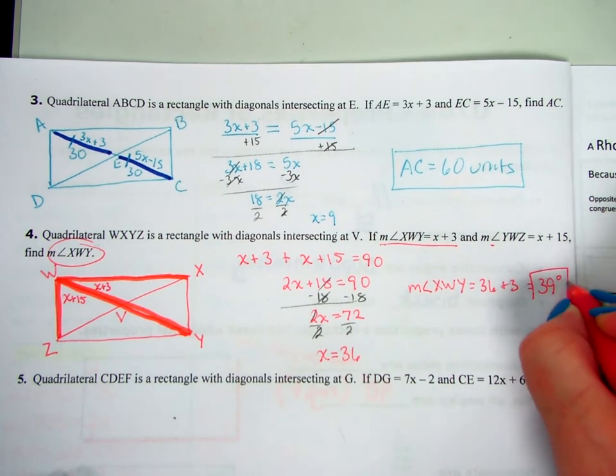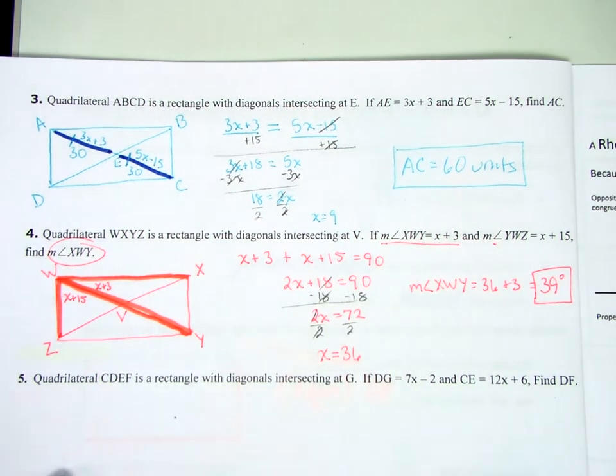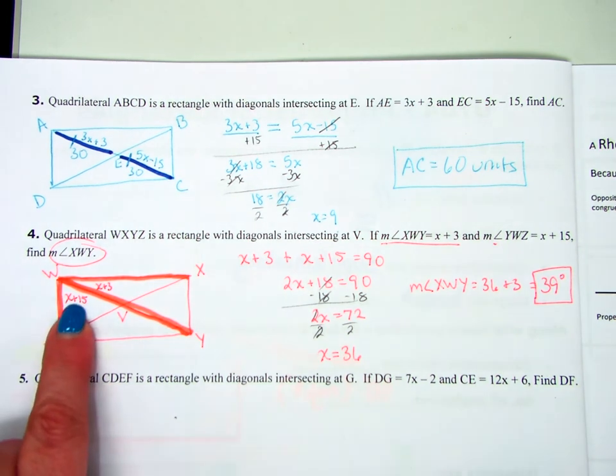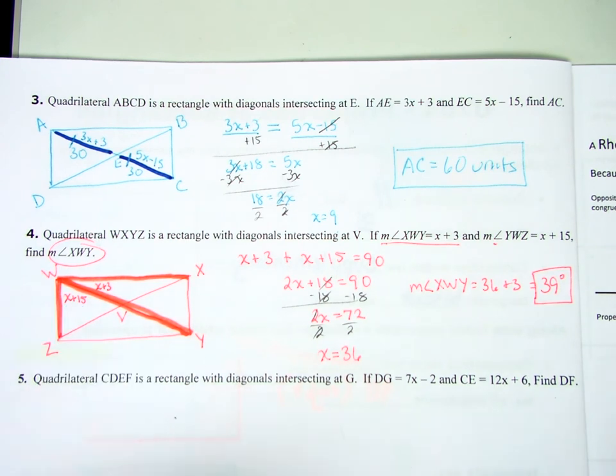It's degrees because it's an angle. Which means the other angle has to be 51, right? So that my 39 and my 51 make 90. If I were to put in 36 plus 15, that would give me my 51. Okay? Questions on 4? Thank you.